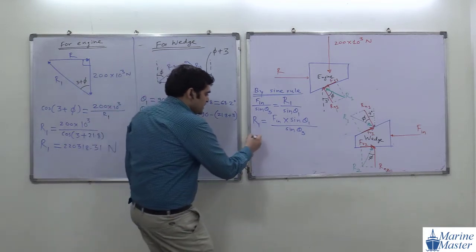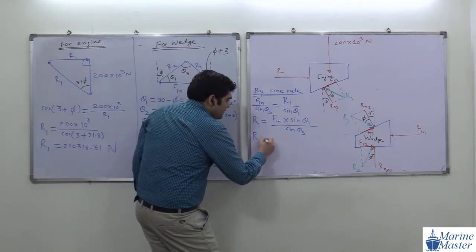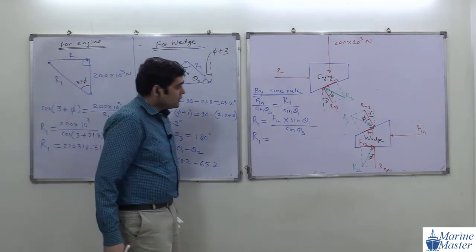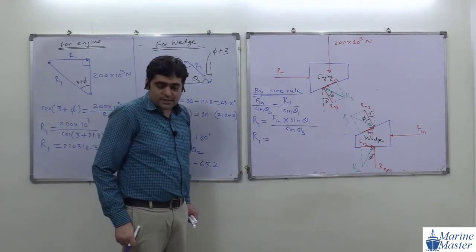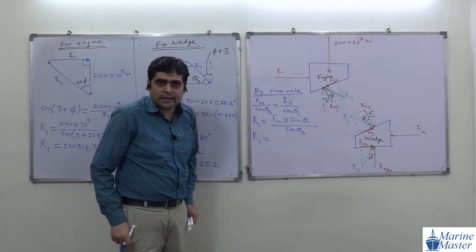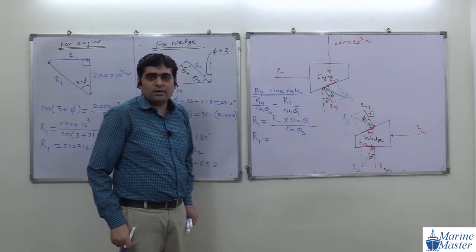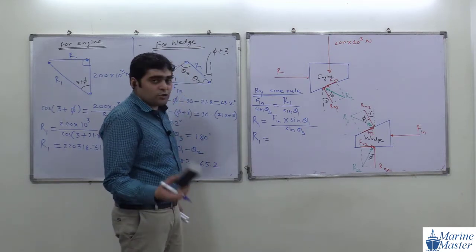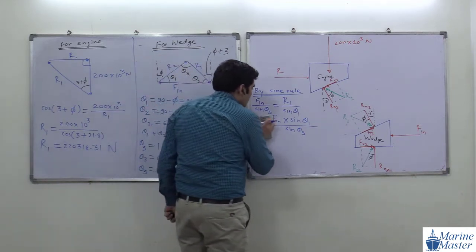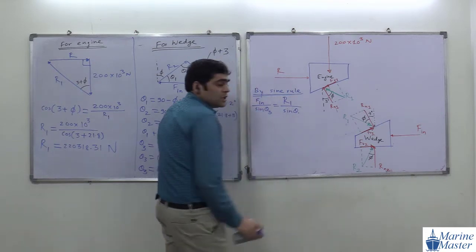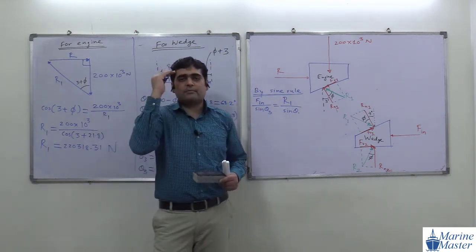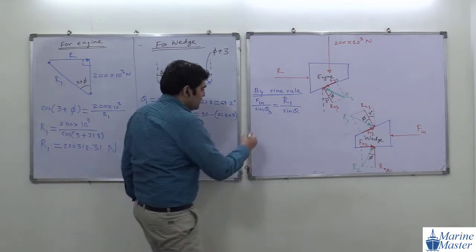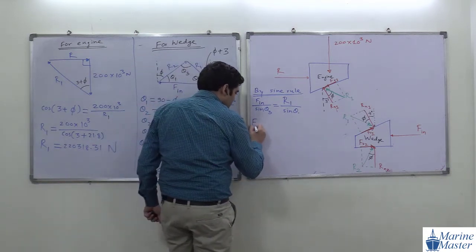What is our target, guys? F in. Don't forget the target. That's why at the beginning of the question I always write the target. Here I forgot the target. So please be attentive.